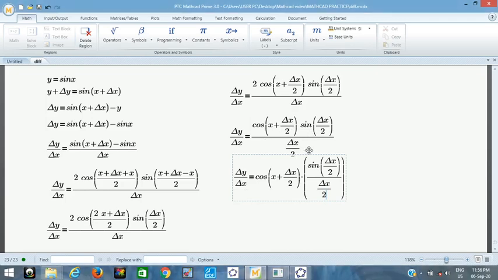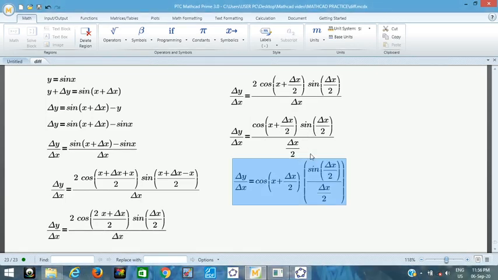So let me move this down so that you can see it well. This side, sine delta x over 2 divided by delta x over 2, I just group as a single bracket like this.